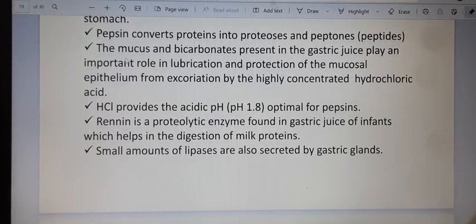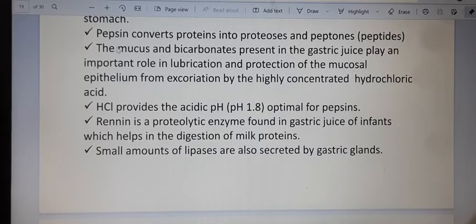Mucus and bicarbonates present in gastric juice play an important role in lubrication. The function of mucus is to lubricate and protect the mucosal epithelium. Due to the HCl, which is acidic, the inner lining of the stomach may get destroyed.